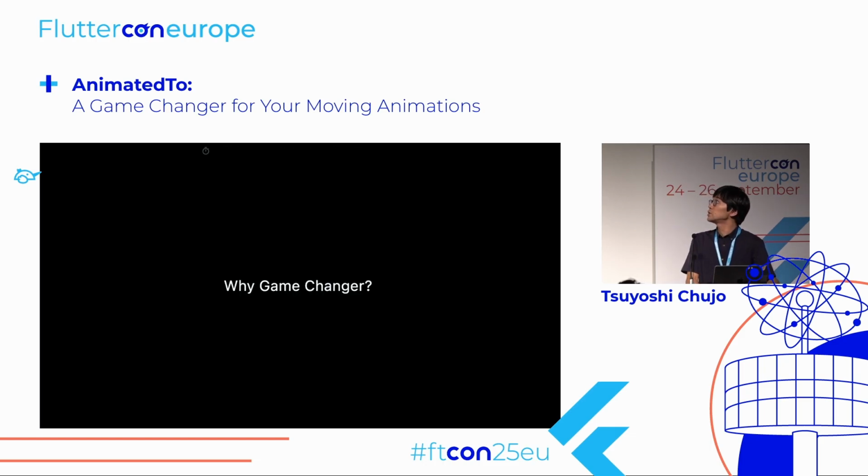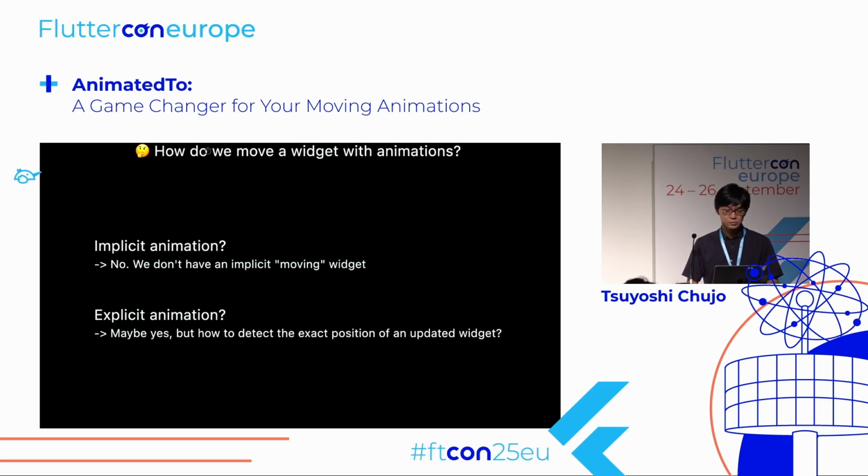But I just said it's a game changer. AnimatedTo is a game changer, as in the title of this slide. So why can I say that? How do you think about moving a widget with animations? How do you implement this kind of animation in your daily Flutter development? We have two strategies, as I said: implicit animation and explicit animation.